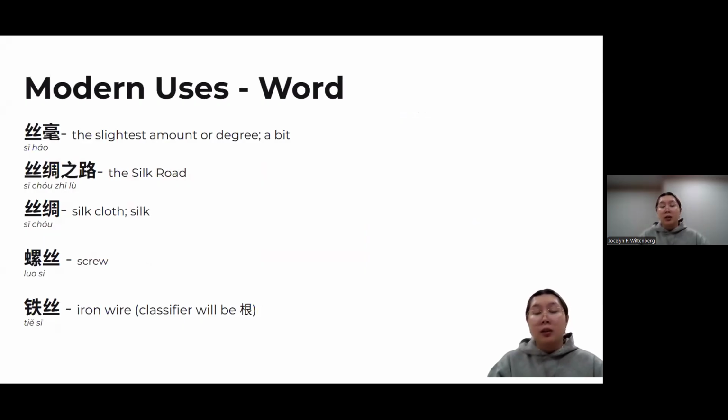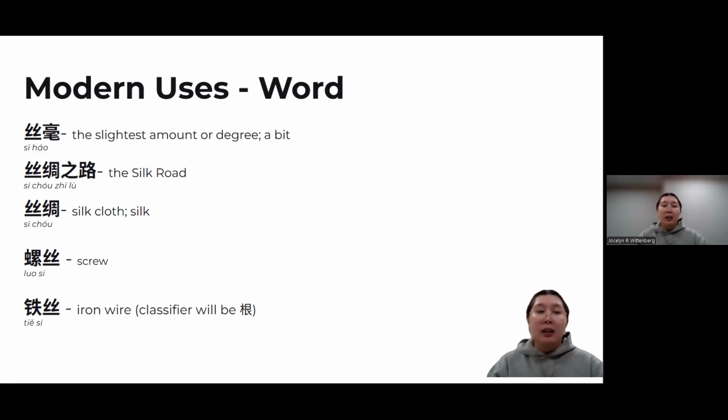As for its modern uses in words, it mainly just means some sort of silk-like item or just silk itself. The first one we have is 丝毫, which means the slightest amount, or a bit or degree. Since silk is so thin, it means a bit or a slight thing. The next one, which most people are familiar with in historical context, is the Silk Road, 丝绸之路, as mentioned earlier.